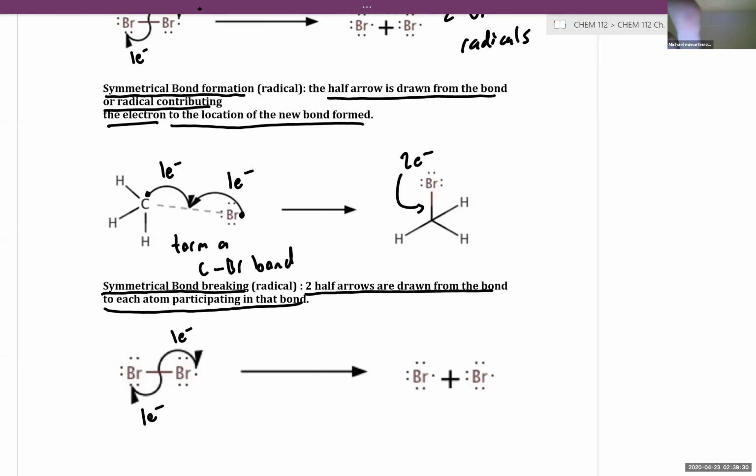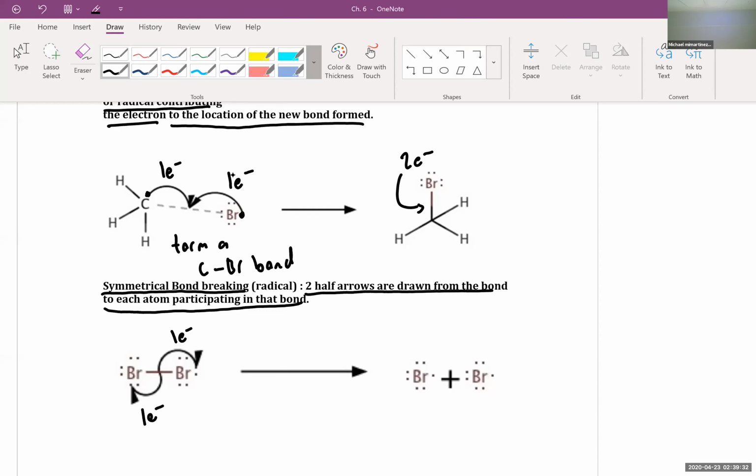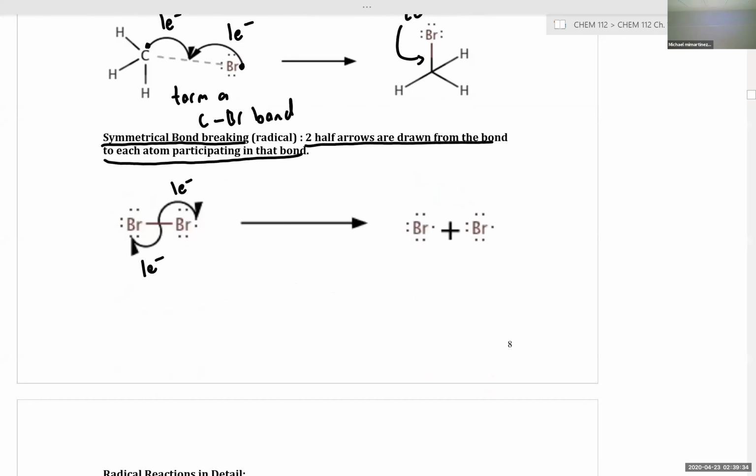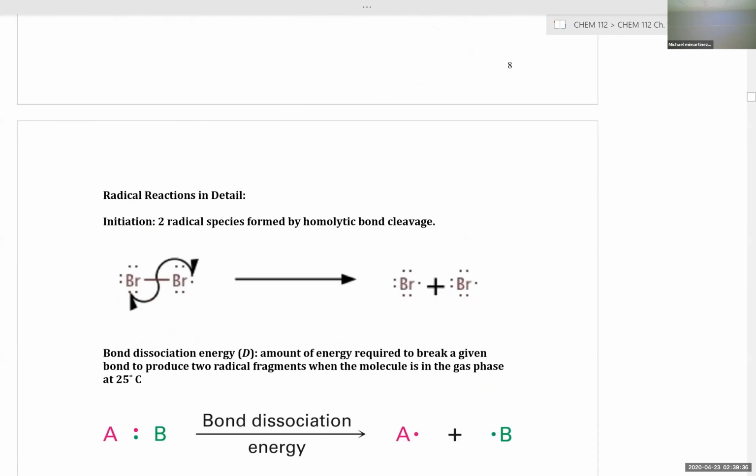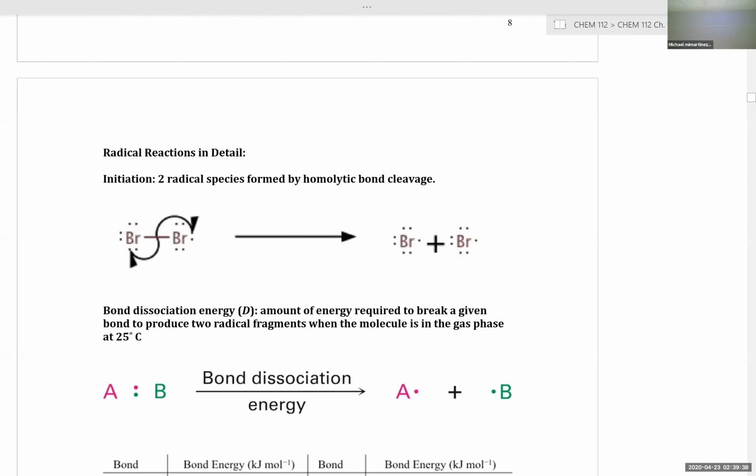Okay, let's talk a little bit about how we can put these ideas together to generate some more complex ideas. So we're next going to delve into radical reactions, and we're going to look at some radical reactions in detail. How do radical reactions function? Well, all radical reactions are started off by what's known as an initiation step, where 2 radical species are formed by homolytic bond cleavage.